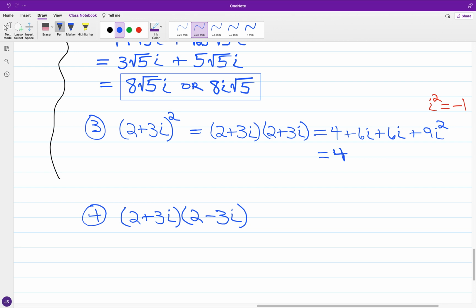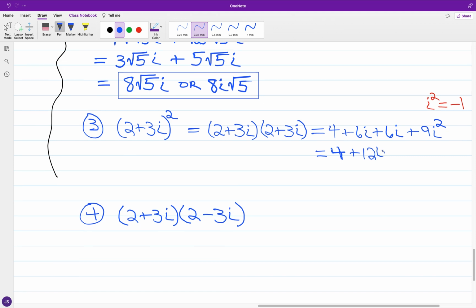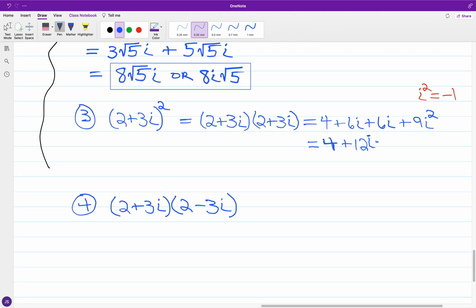And getting the result to standard form as much as possible. So you've got 4, and we have 6i plus 6i will make 12i. And for 9i squared, this will be plus 9 times -1.